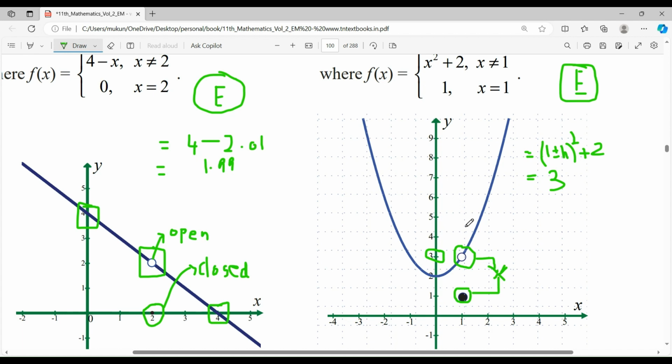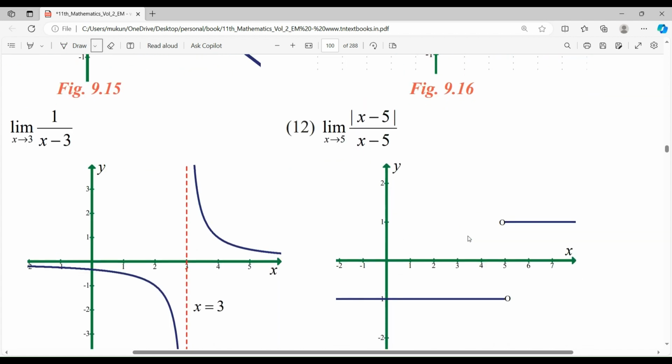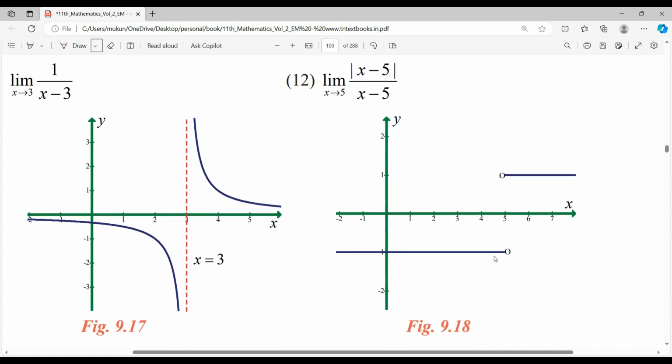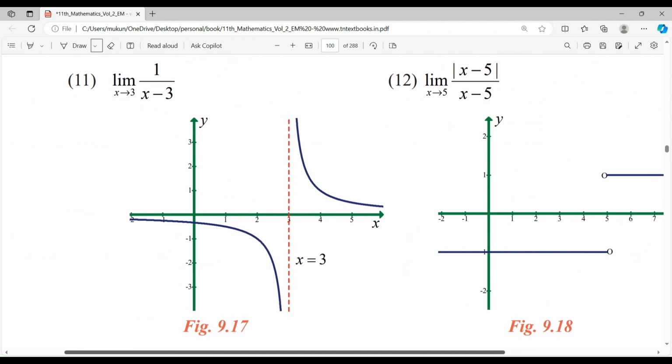With this, I'll move on to the next set of graphs which we have on our next page, right? So let me come here. If you go back to my earlier video, you will see an example 1 by x. This is something very similar to that. You have 1 by x minus 3, and we know that at x equals 3, it becomes infinite, right?